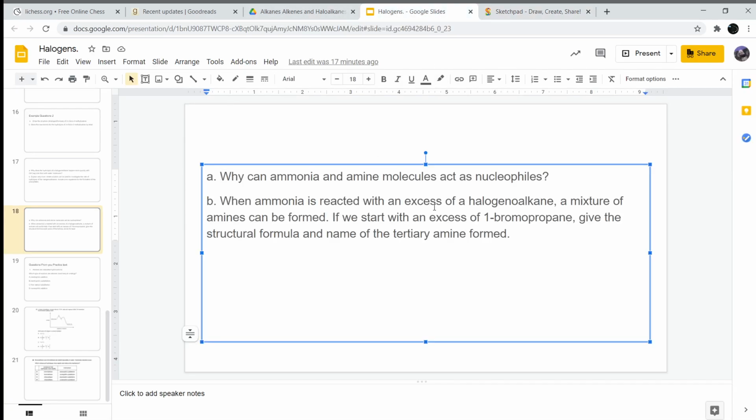Okay, so that's for question 1. Now question 2 states that when ammonia is reacted with an excess of halogenalkane, a mixture of amines can be formed. If we start out with an excess of 1-bromopropane, give the structural formula and name of the tertiary amine formed. Okay, so here it's asking for a tertiary amine.